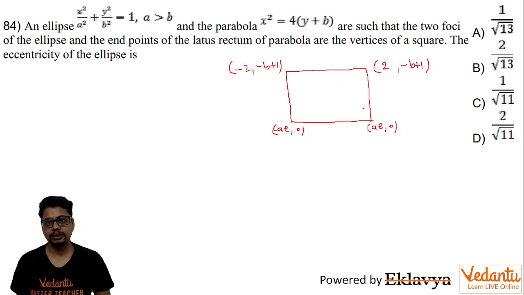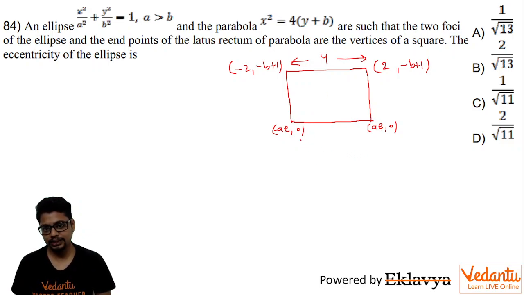Clearly the side length of the square is 4: the x coordinates are 2 and minus 2, with the y coordinate being the same. Otherwise also, since the endpoints of the latus rectum are two vertices of a square, the length of the latus rectum, which is 4, is the side length of the square. Hence 2ae is also 4, that means ae is 2.